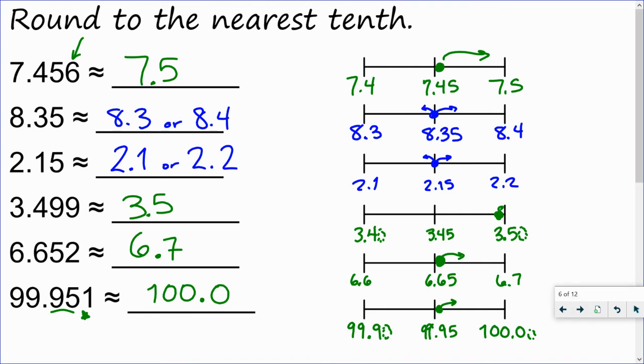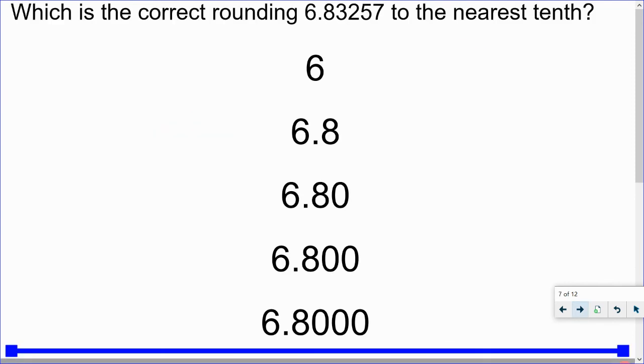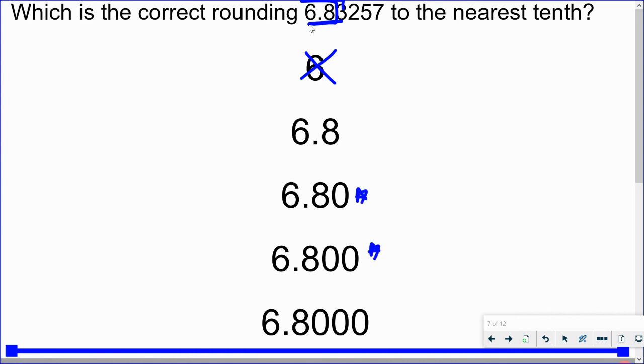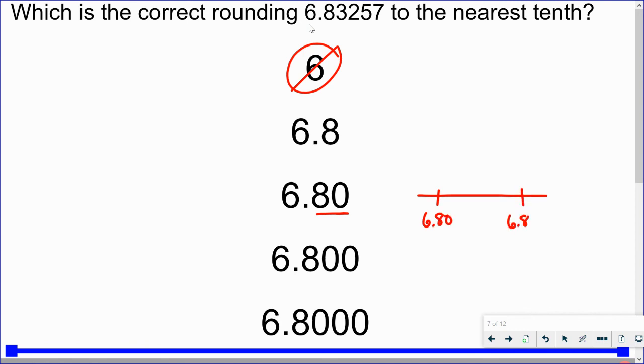All right, last note, and then we are going to let you go. I have had students in the past say, Mr. Callan, you're asking us to round this to the nearest tenth, which means, of course, it's not this, but is it okay to write extra zeros? In which I would respond, no, it's not. So why is that? Well, look, if you put that 0, it looks like you're rounding to the hundredths place.